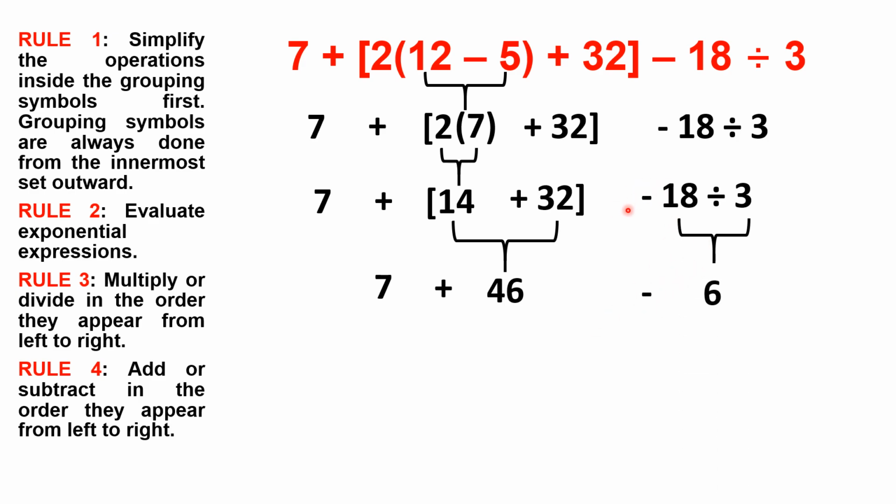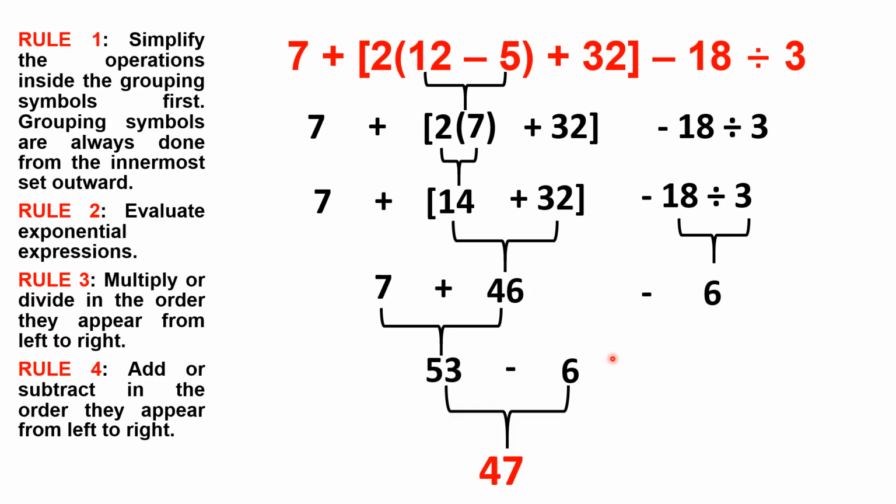Then copy this subtraction sign. Okay, then go now to rule number 4, which says add or subtract in the order they appear from left to right. So we will add 7 plus 46, which is equal to 53, then subtract 6, then that is equal to 47.